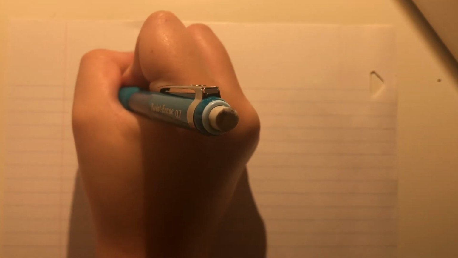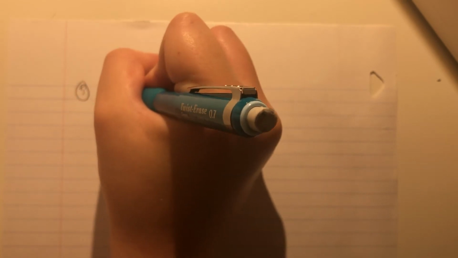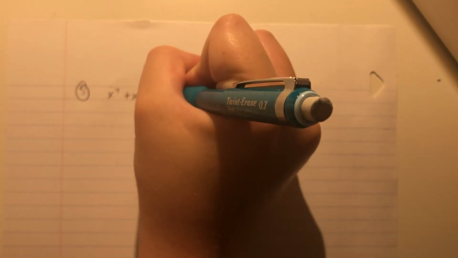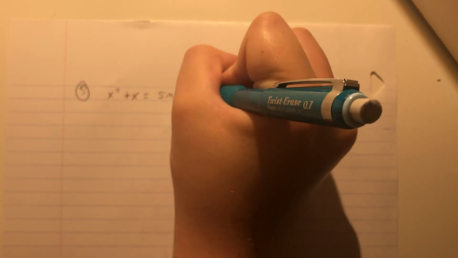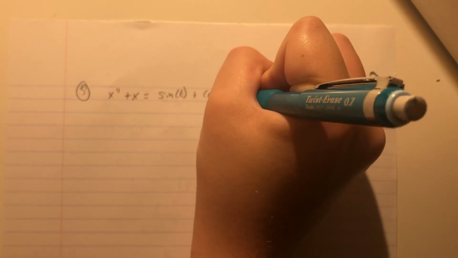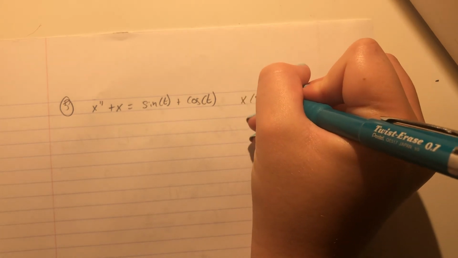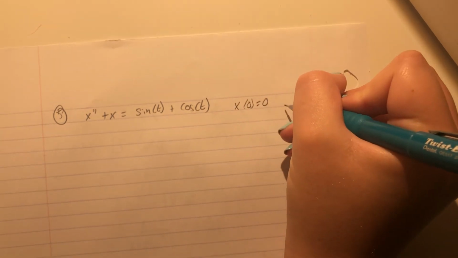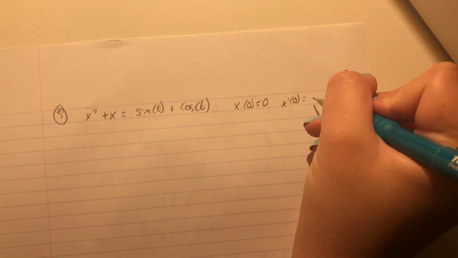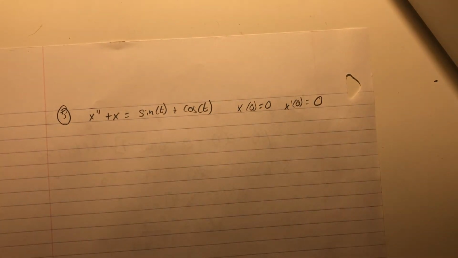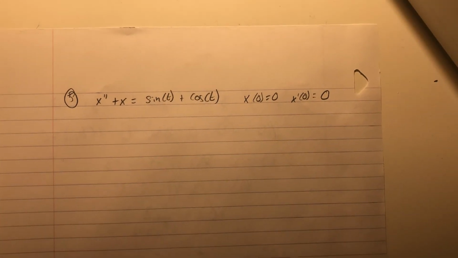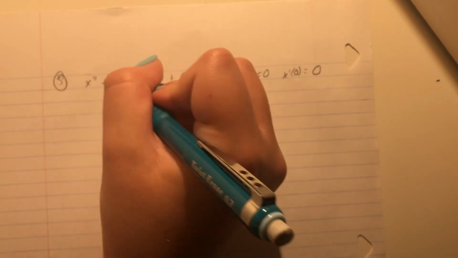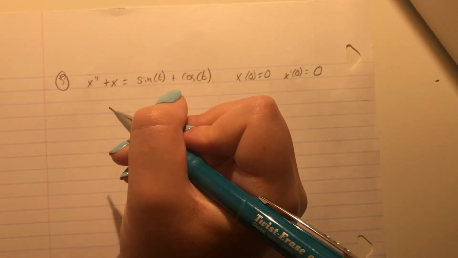Alright, then number 5 is x prime plus x equals sine of t plus cosine of t, with x of 0 equaling 0 and x prime of 0 equals 0. So first thing, do the Laplace transform of all of them.